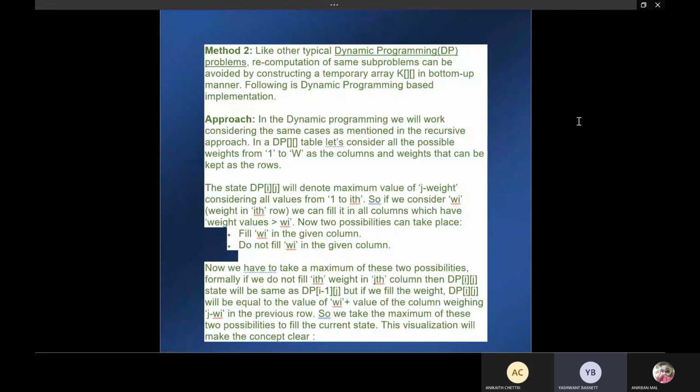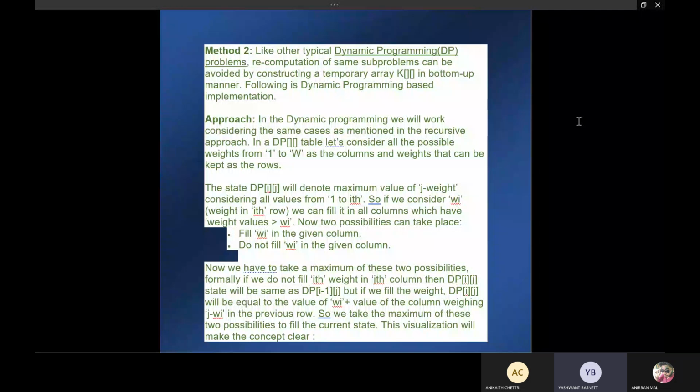The state dp[i][j], where i denotes the rows and j denotes the columns, will denote the maximum value for weight j considering all the items from 1 to i. If we consider w[i], the weight in the ith row, we can fill it in all columns where the weight is greater than w[i].